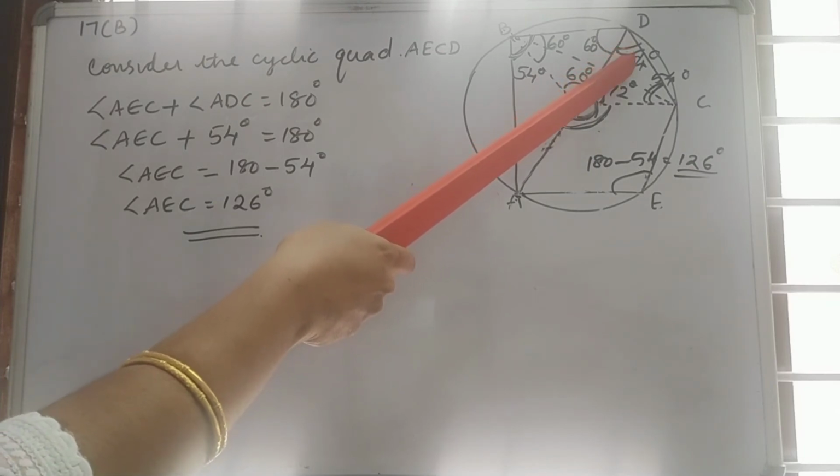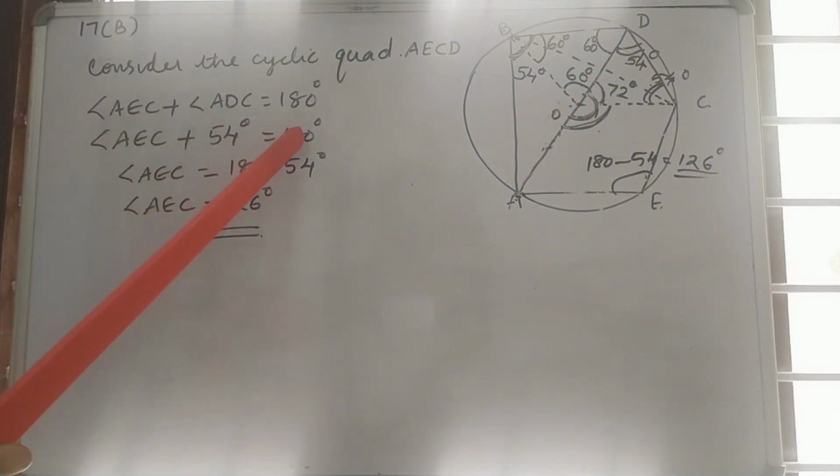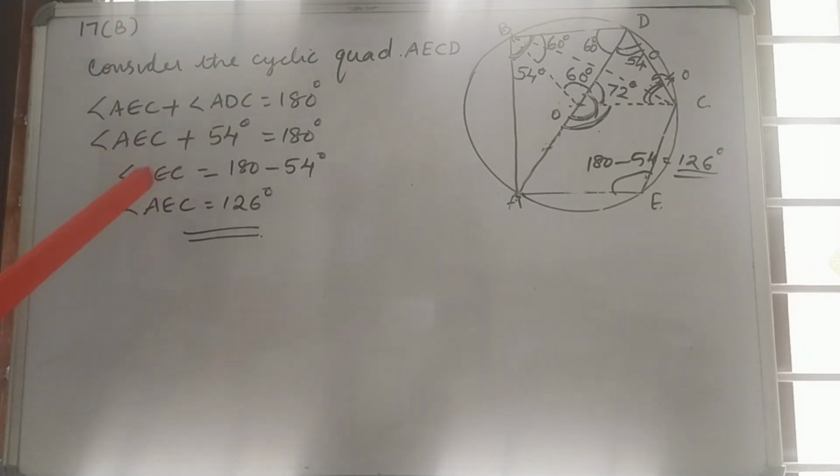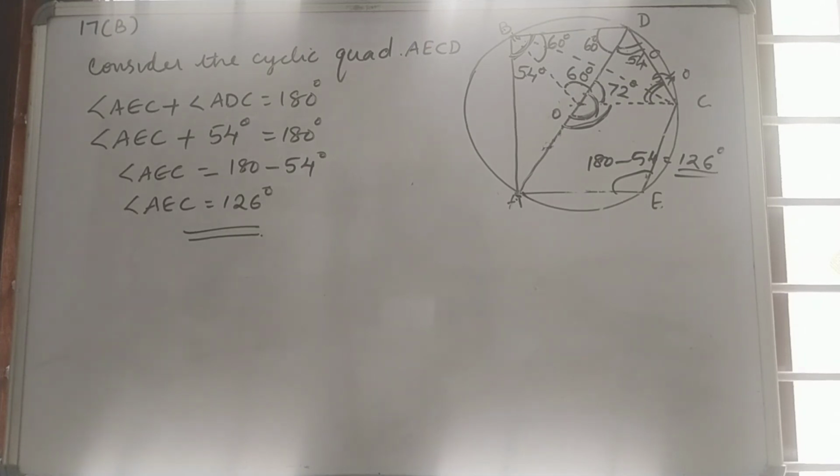ADC is 54, so AEC plus 54 degrees is equal to 180 degrees, and AEC is 180 minus 54, which is 126 degrees. So first, angle ADC we got as 54 degrees. Second, angle BDA we got as 60 degrees. Third, angle ABC we got as 54 degrees. And the final one, angle AEC, is equal to 126 degrees.